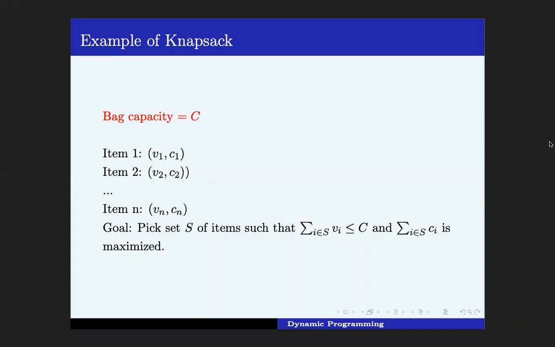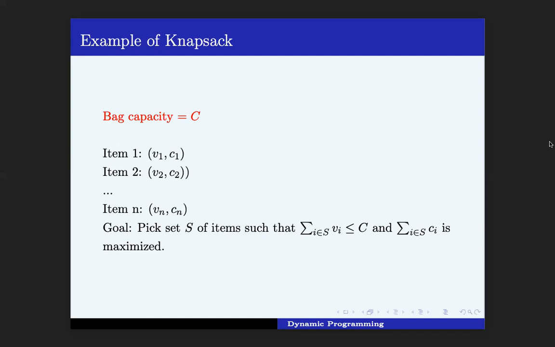Similarly, the maximum of D of the total big capacity minus v_i plus c_i for all i equal to 1 to N. And the base case is C equal to 0. So if you are using item i, then D of C equals D of C minus v_i plus c_i, the cost of that item. Right.